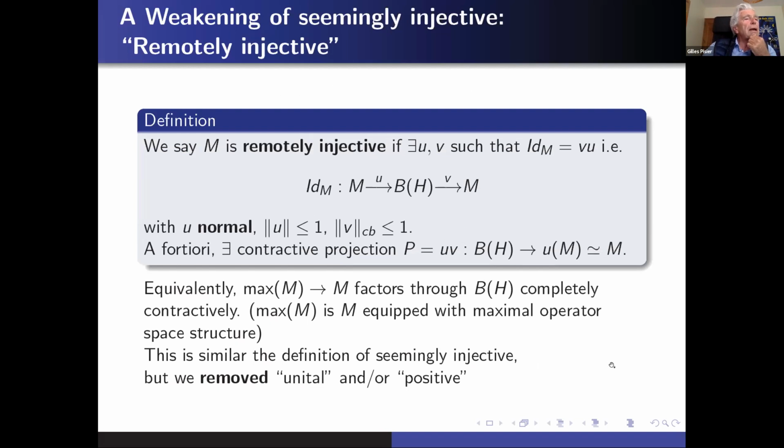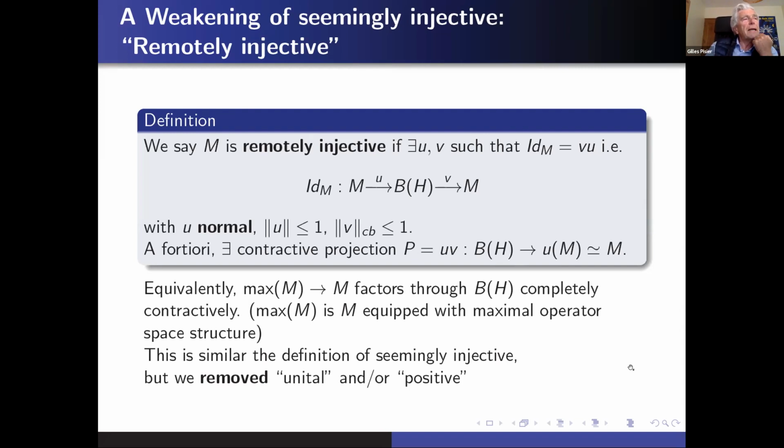Okay, and then I come to a problem, which is the connection with the source of the whole story. You remember that I started by telling you about this lifting problem.